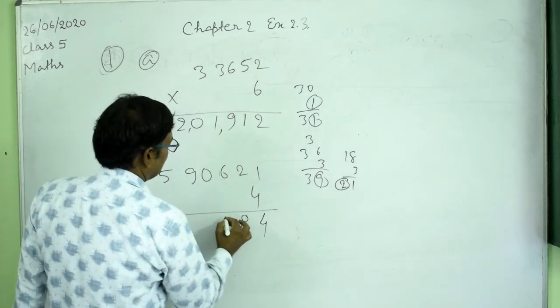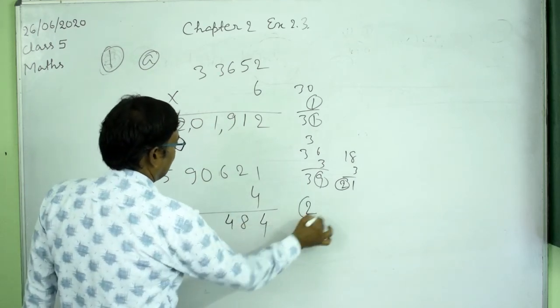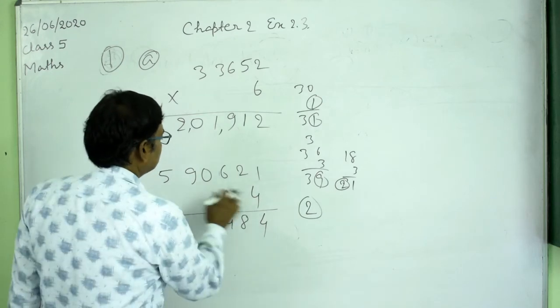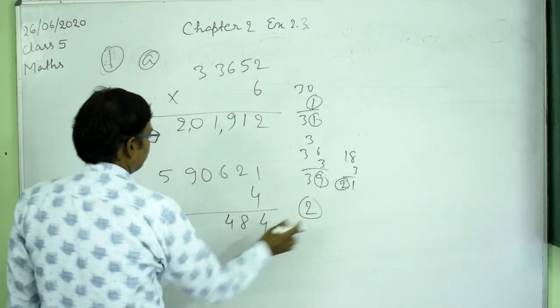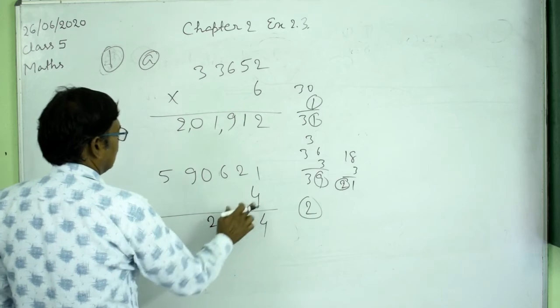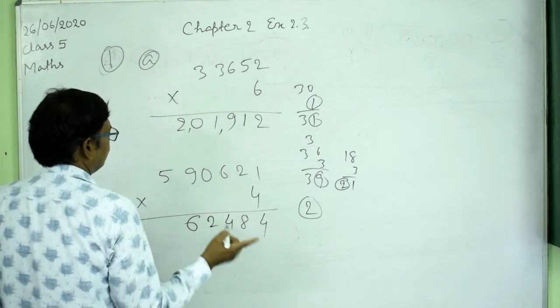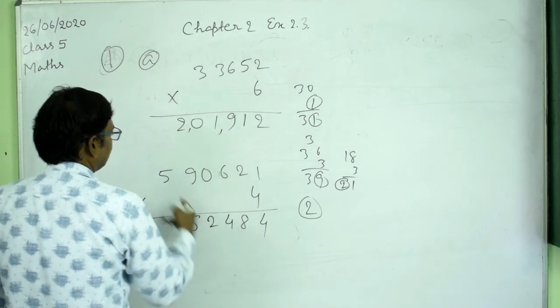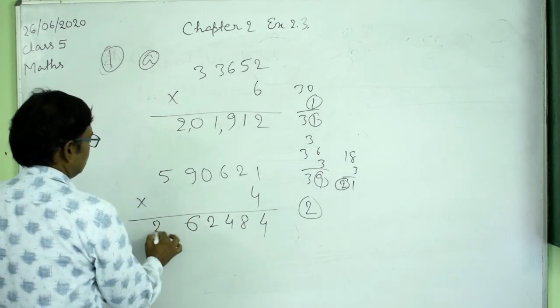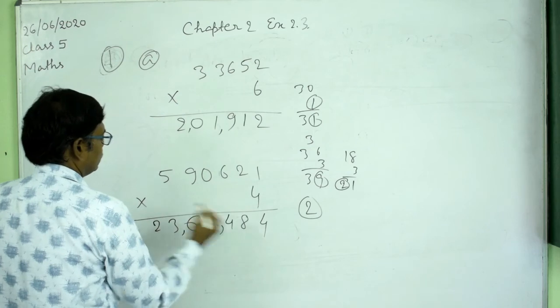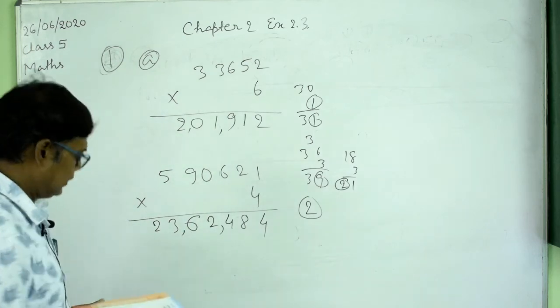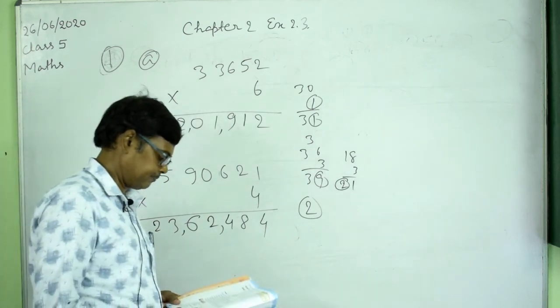Okay, 24, then write 4 here and you have 2 in your hand. And then 4 zeros are 0 and 0 plus 2 will be 2 and 4 nines are 36, then you have 6 here and you have to carry 3 here. So 4 fives are 20 plus 3 will be 23. So this is the answer. Okay, so this is the multiplication.